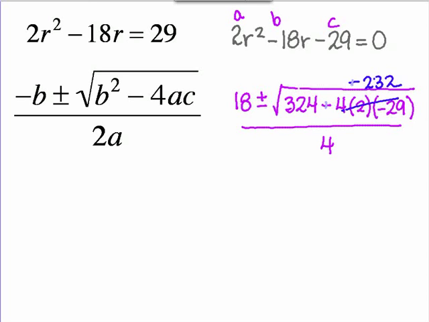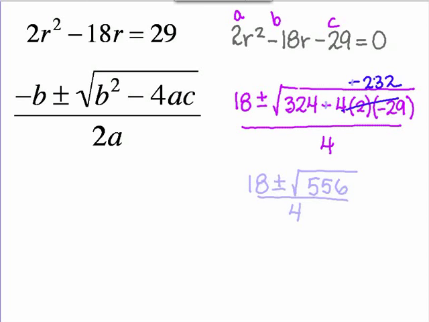So now what I'm going to do is change the sign, since I'm going to add the opposite. So I end up with 18 plus or minus the square root of, what is it, 558? What? 556, sorry. 556, all divided by 4. So now what I need to do is try and break down 556.